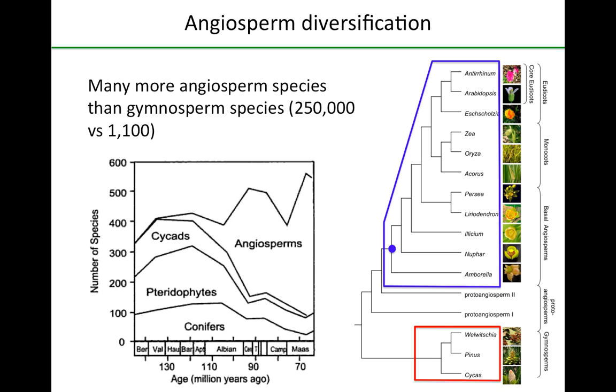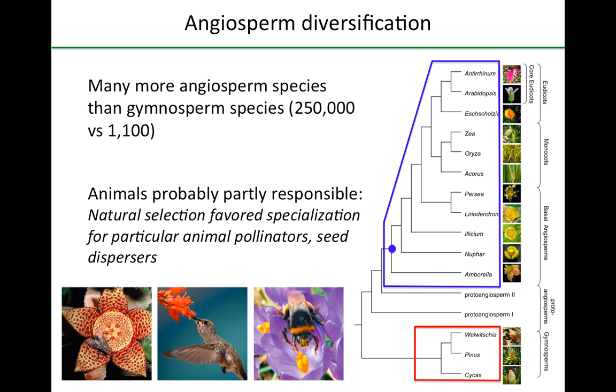But another popular hypothesis is that animals, remember pollinators and seed dispersers, are thought to have driven the evolution of angiosperms, that both of these groups of animals may have helped create all of the species that we see today, or may have played a role in promoting speciation within the flowering plants.